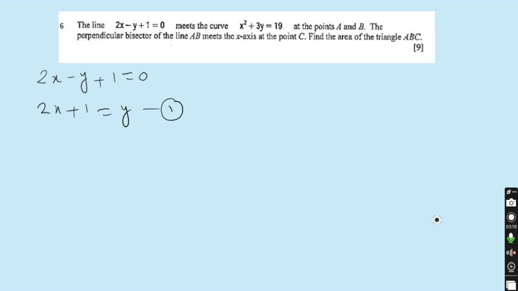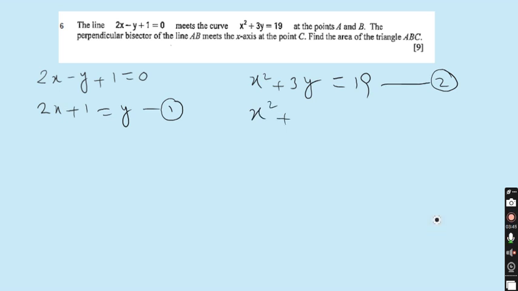This is equation number 1, and the curve x squared plus 3y equals 19 is equation number 2. So solve the equation of the straight line and the equation of the curve simultaneously to get the coordinates of A and B. Put this value of y from equation number 1 in equation number 2.